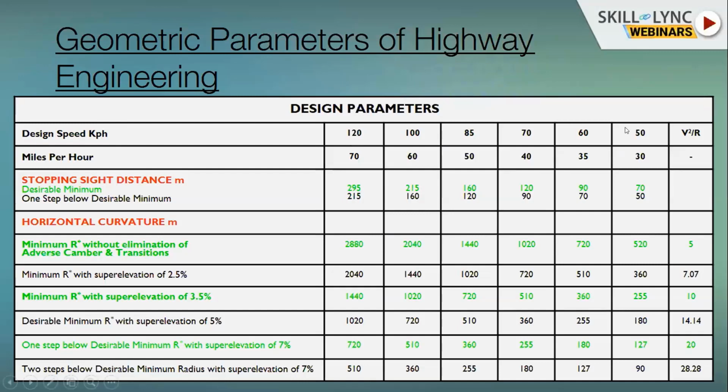We have different design speeds here, which are also converted into miles, and we have the stopping sight distance for that particular design speed, and the minimum horizontal curvature we need to provide for this design speed. One step below the minimum is the value with super elevation of a particular value, and with different super elevations we can change the curve radius to suit our design aspects. Those are the applications we can use these parameters for.